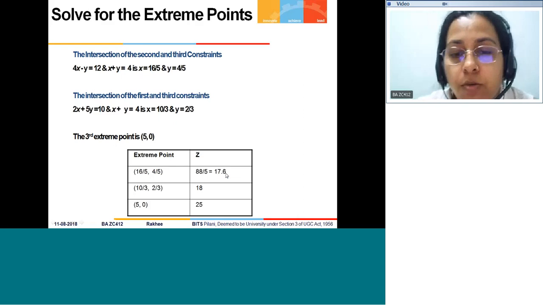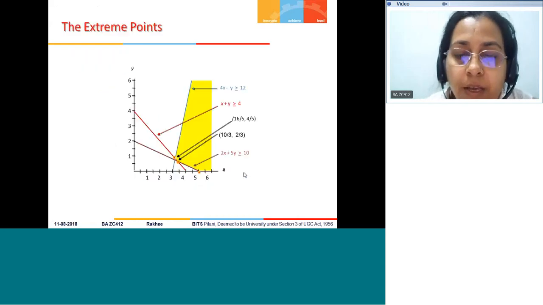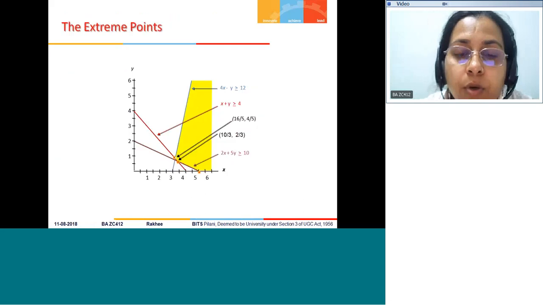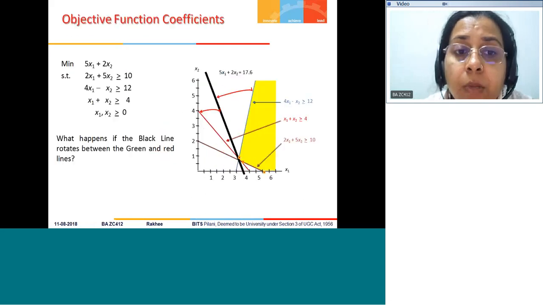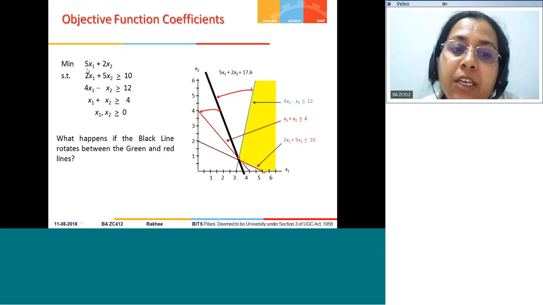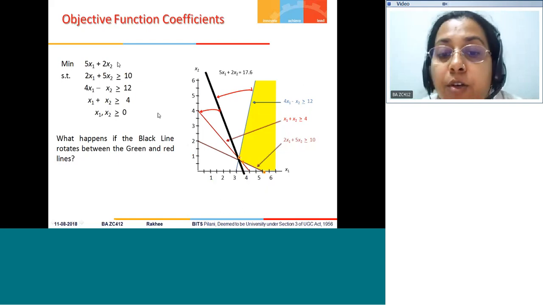One way is to solve this. Another way, the same way in the Excel solver. Now I want to do the optimal objective function coefficients. If I change the objective function coefficients here, how much I change here, so my decision objective function value will not change.